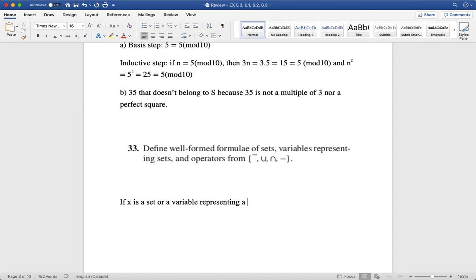representing a set, then X is a well-formed formula.